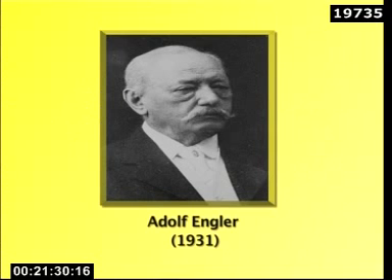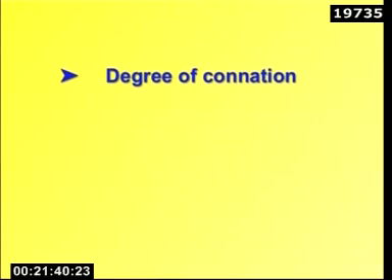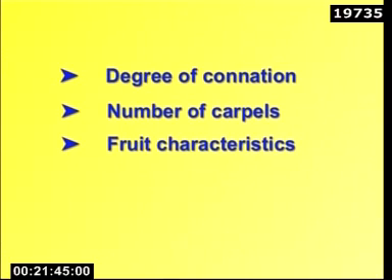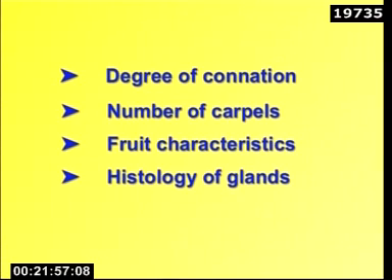Engler divided the family into 5 subfamilies, mainly on the basis of morphological characteristics such as the degree of connation and number of carpels, fruit characteristics, for example, dehiscent versus indehiscent, fleshy or dry, and winged or not winged, and also histology of the glands with ethereal aromatic oils.